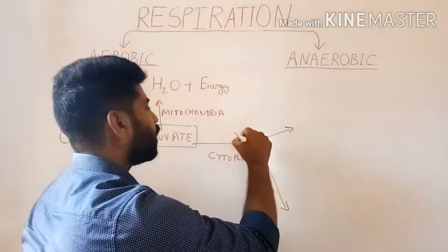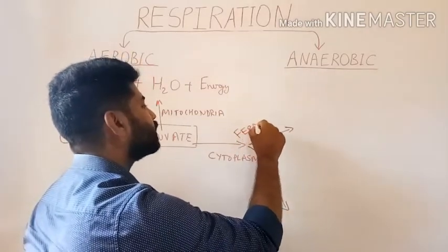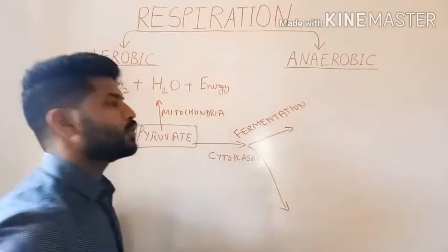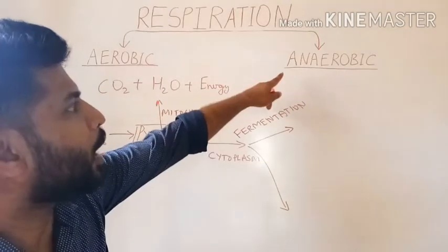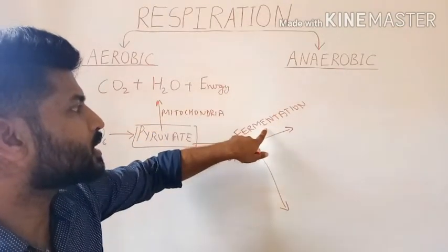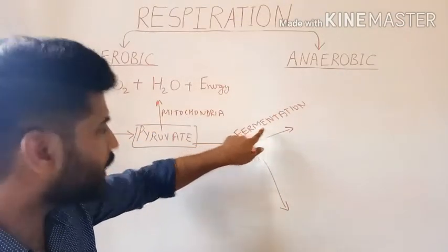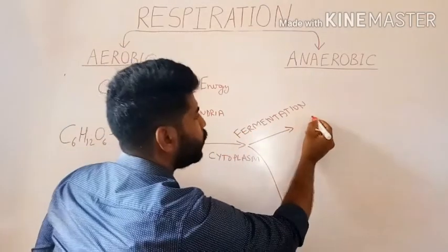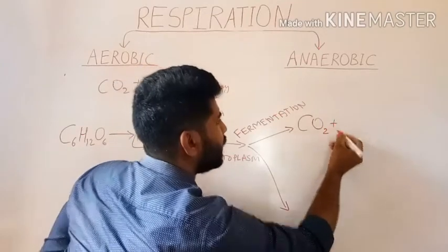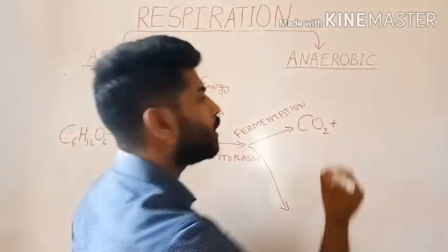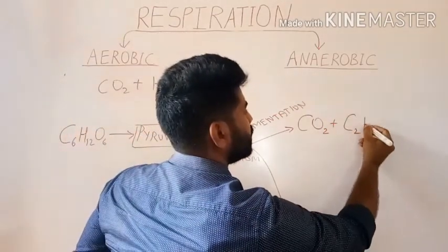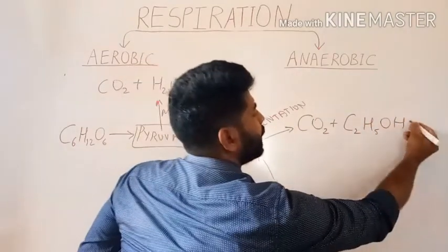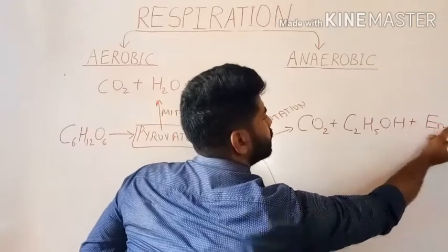A phenomenon called fermentation takes place. So bacteria undergo anaerobic respiration in a process called fermentation, where the glucose, that is pyruvate, is broken down to give carbon dioxide and ethanol, which is C2H5OH, plus energy.